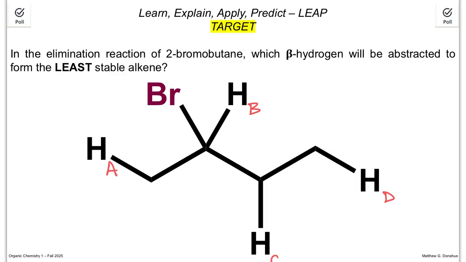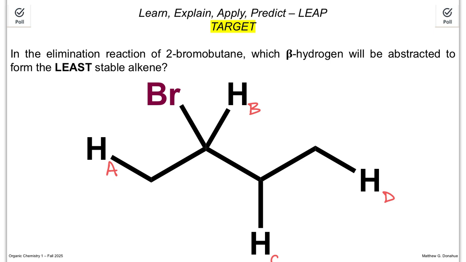This carbon over here at the end is not going to matter because from the alpha carbon, we go to a beta carbon, and then from there we have to pick a hydrogen. So we can't go out over here because that's the gamma position, it's too far away.